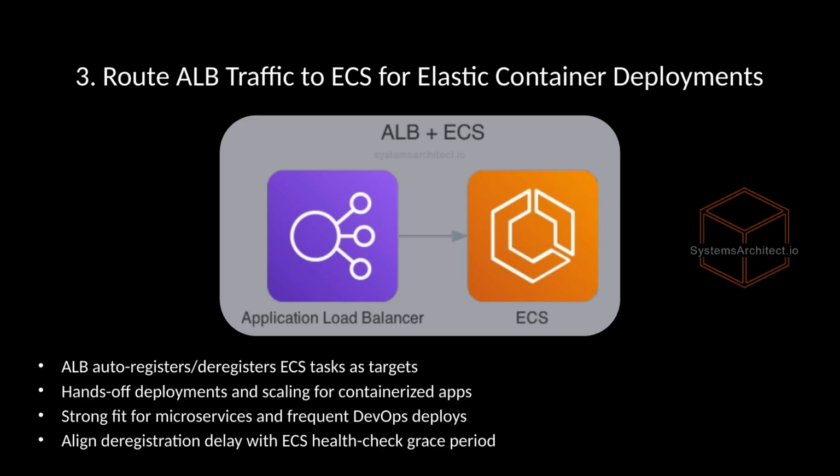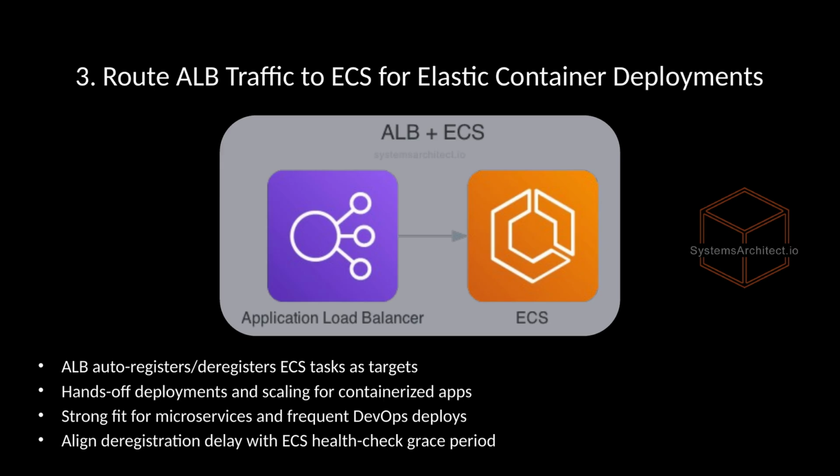Running containers well means more than starting them, since traffic has to find the right healthy container even as tasks are replaced or scaled out. An application load balancer in front of Amazon ECS handles that discovery natively, registering new tasks as targets and deregistering them the moment a deployment retires them.